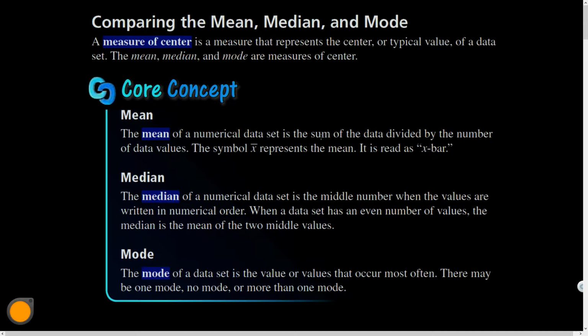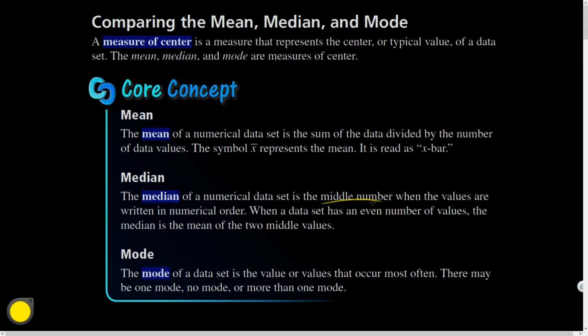And then I divide by how many there are. We'll use a symbol a little later: it's X with a line over it, often referred to as X bar. If you see X bar somewhere, what they're asking you to do is to find the mean.